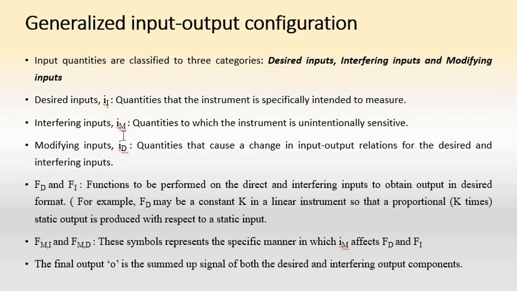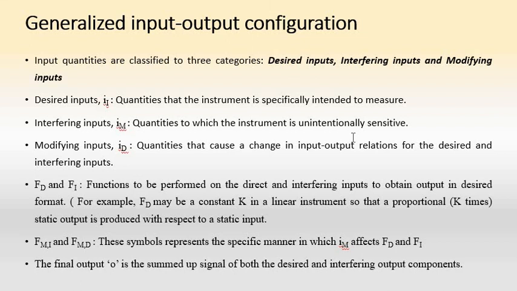Now interfering inputs are the quantities to which the instrument is unintentionally sensitive. That is, these are quantities that we do not intend to measure, but they will come for sure. Such inputs which we can't avoid, but are unintentionally detected by our system, are known as interfering input.